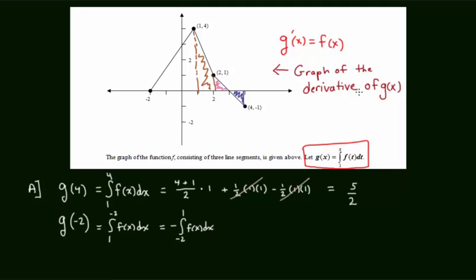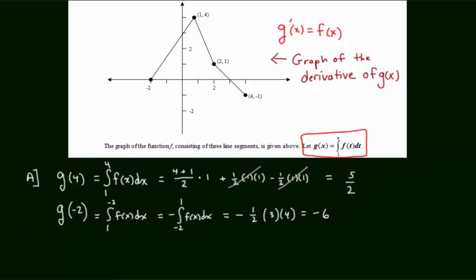So that means I'm taking a look at this triangle from negative 2 to 1, and I will take the opposite of the area of that triangle. So I have the negative out front, and then the integral from negative 2 to 1 would be 1/2 the base, and the base goes from negative 2 to positive 1, so it has a base of 3, and it has a height of 4, and that'll be 12 divided by 2. That's going to be a negative 6.